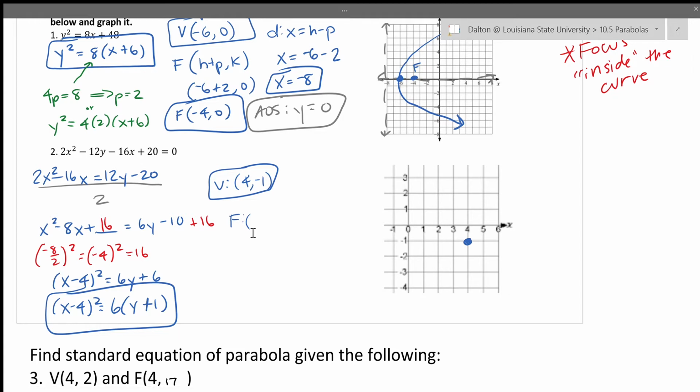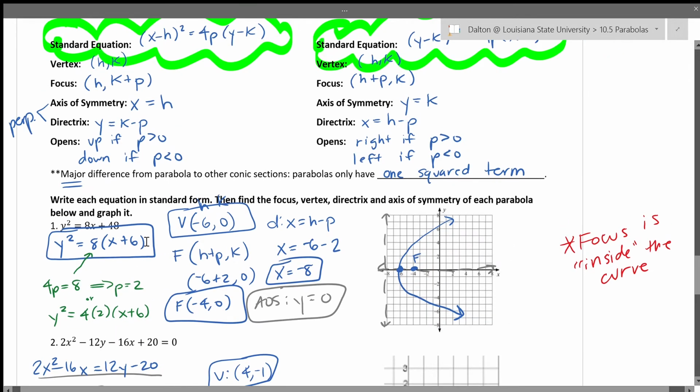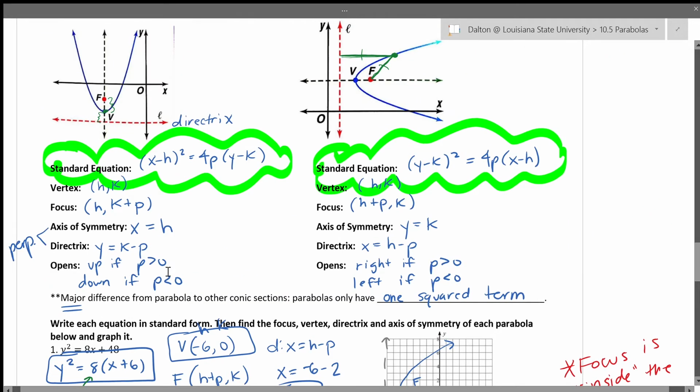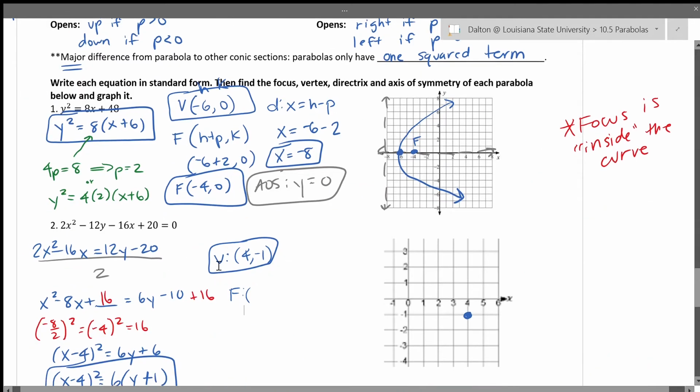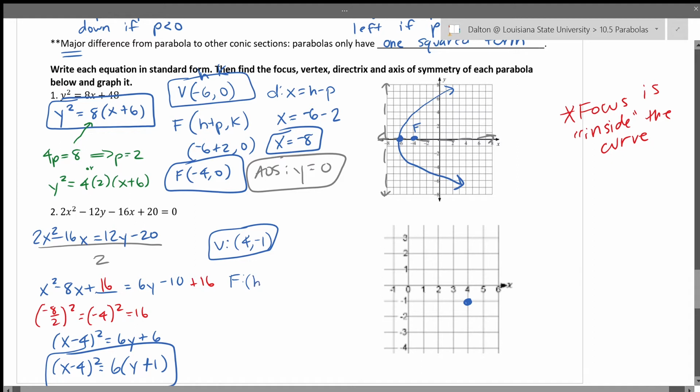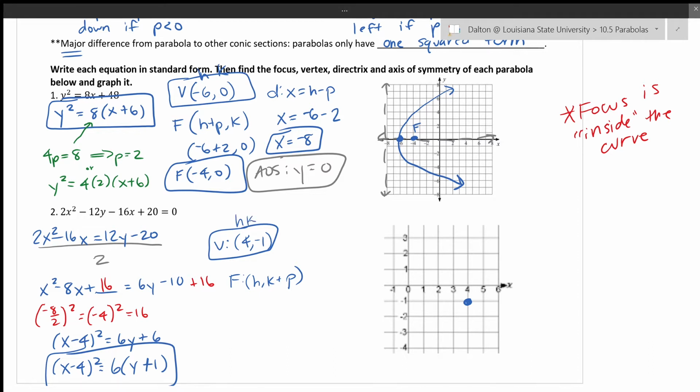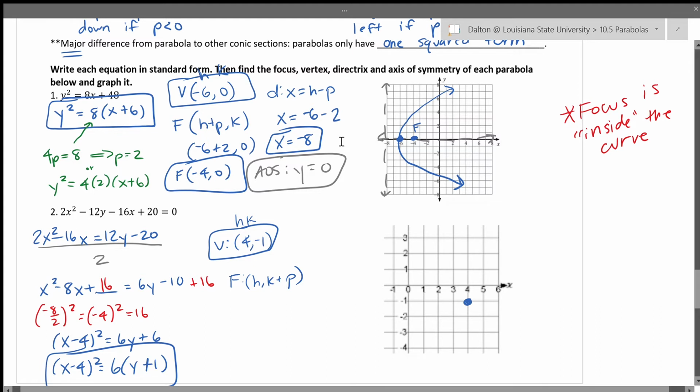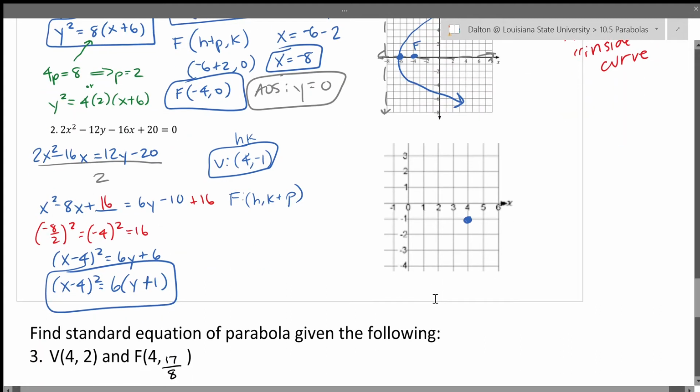So focus, again, I've got x squared. So I'm following all of these formulas here that are on the left side. So my focus is going to be h comma k plus p. Well, we already know what h and k are because we already know the vertex. So in order to find this, we just need to figure out what p is. Well, this is the mistake people make.